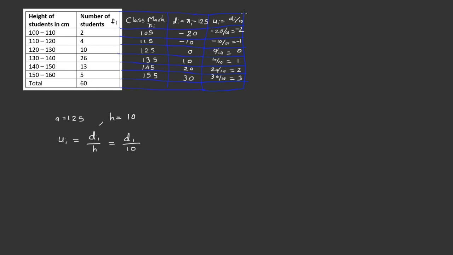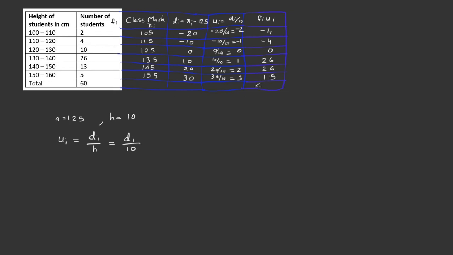The next step is to find fi ui. So, the numbers are very small, so I can easily multiply it. 2 into minus 2, minus 4, 4 into minus 1, minus 4, 10 into 0, 0, 26 into 1, 26, 13 into 2, 26, and 5 into 3, 15.